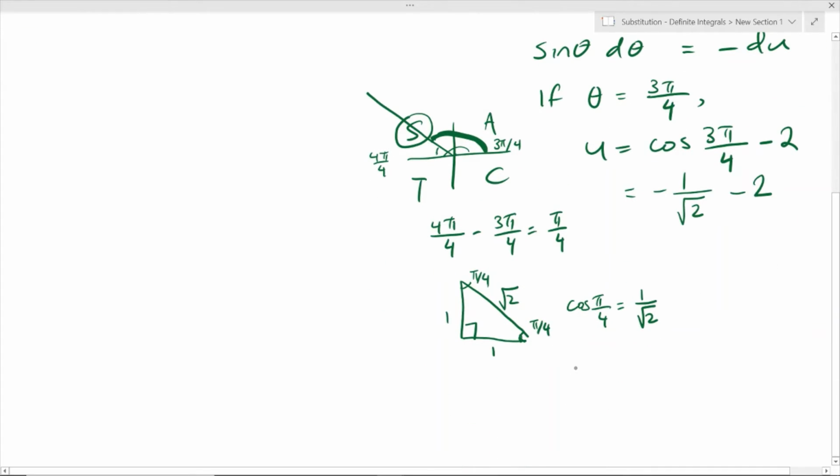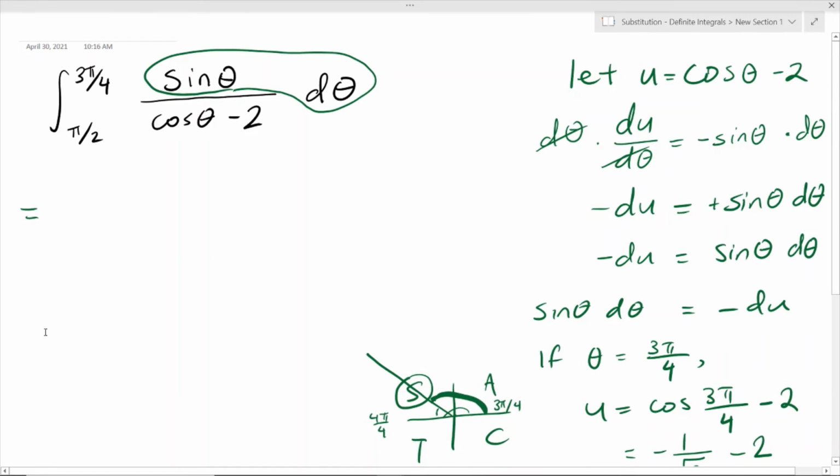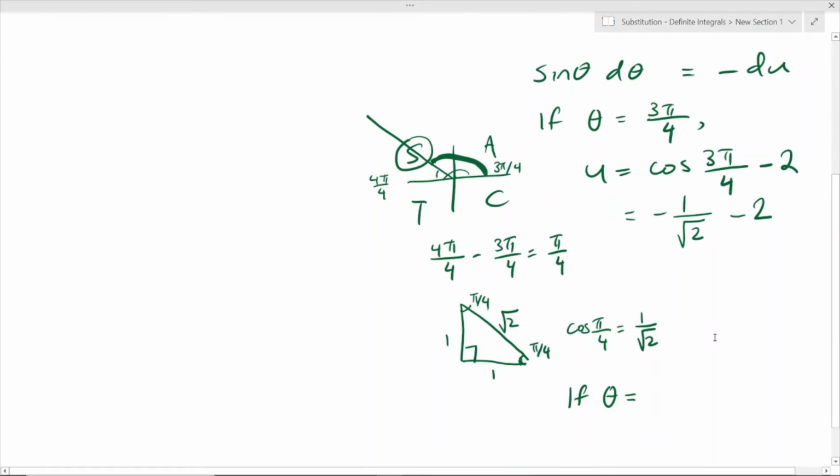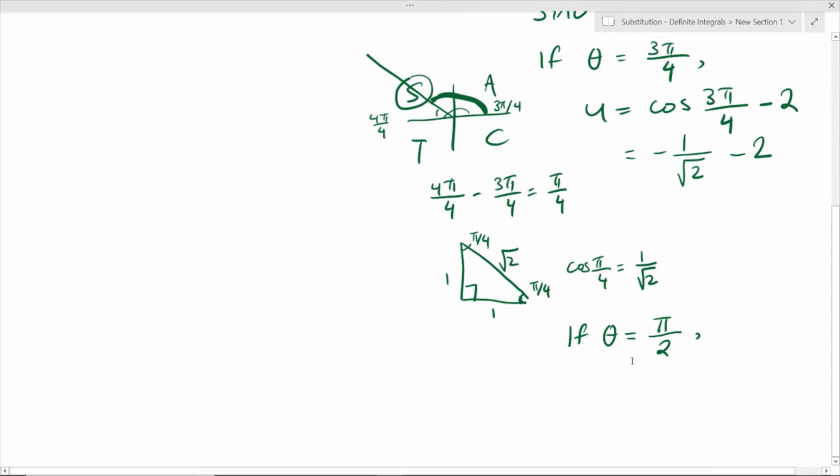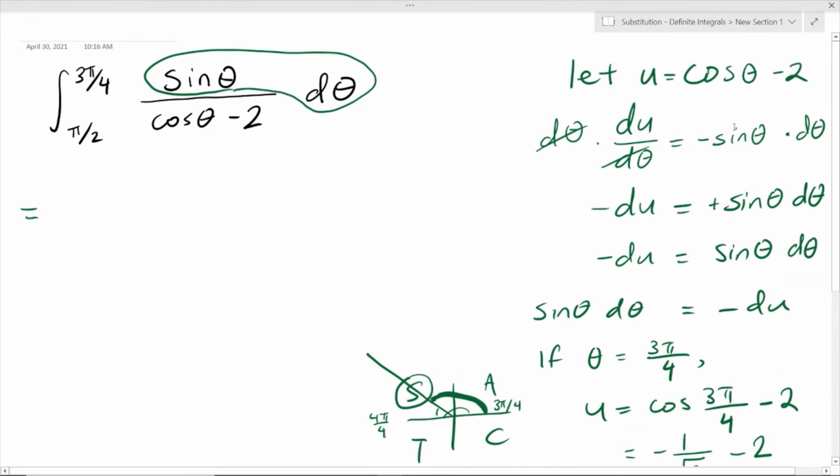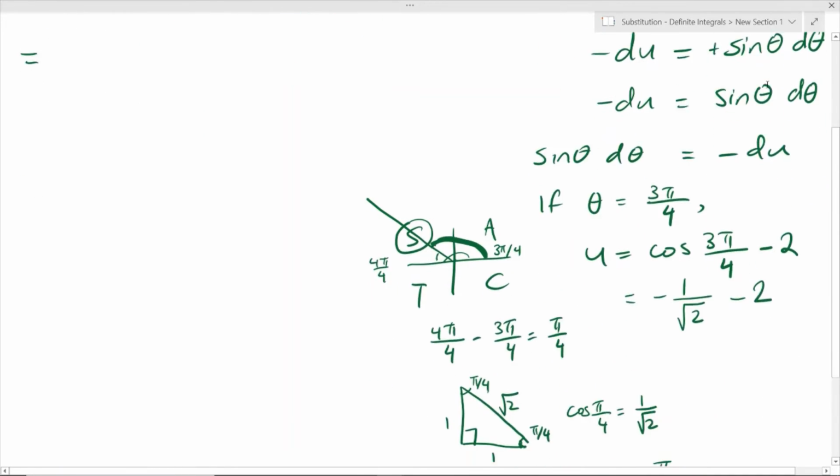Now, how about the lower bound? If theta equals the lower bound, which is pi over 2, then what is u equal to? Well, we can just sub this into u equals cos theta minus 2.